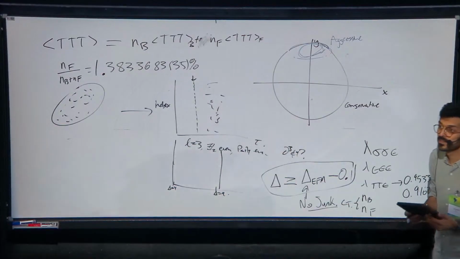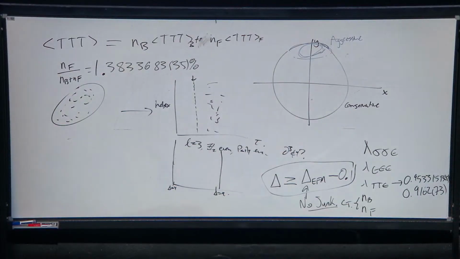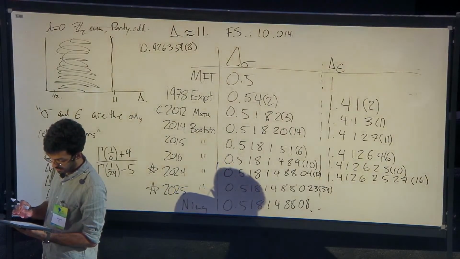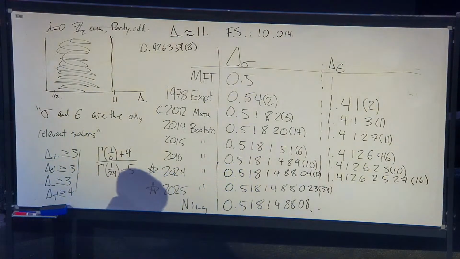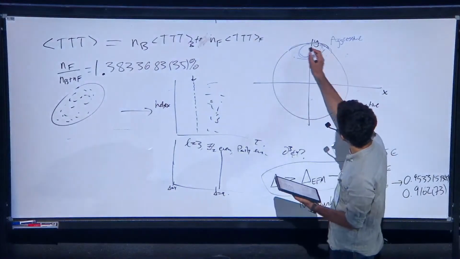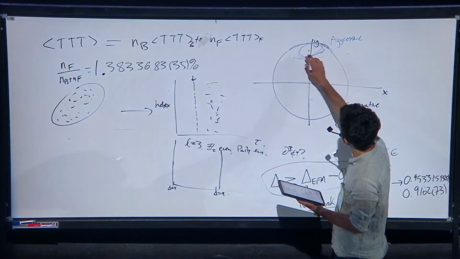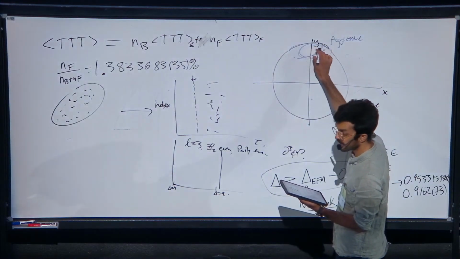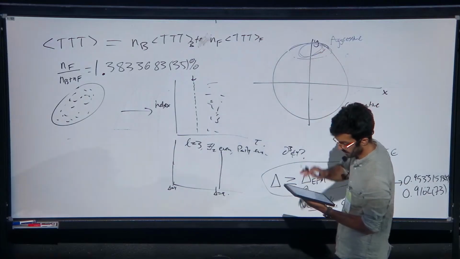Okay, maybe a related question. Is any point on the island still determined by the single correlator bound, or is it way below that? That's a very interesting question. The funny thing is that I drew it like this on purpose. This bound here coincides between the weak assumptions and the strong assumptions.